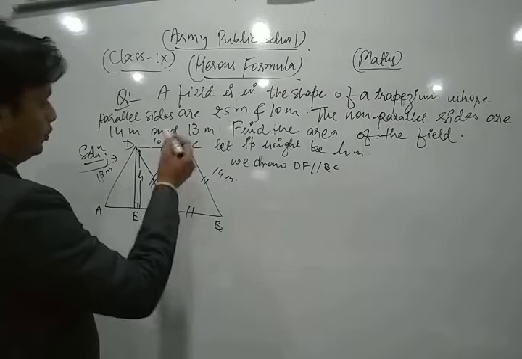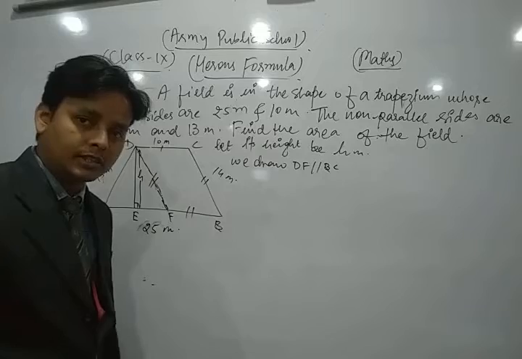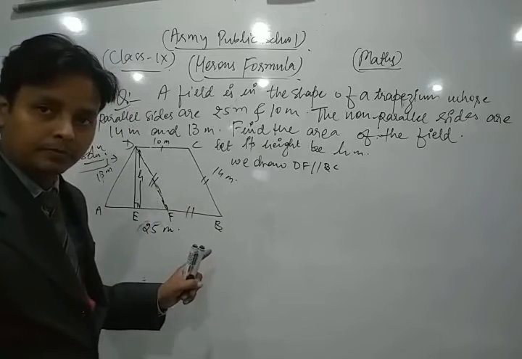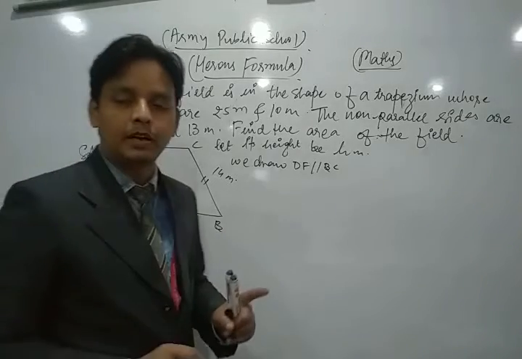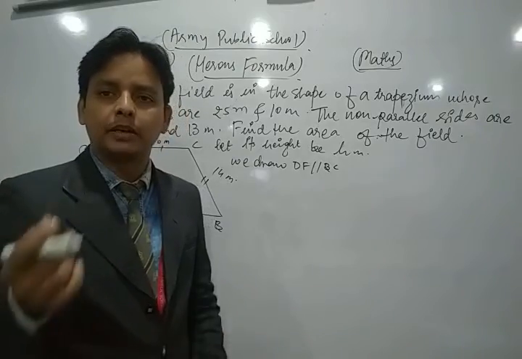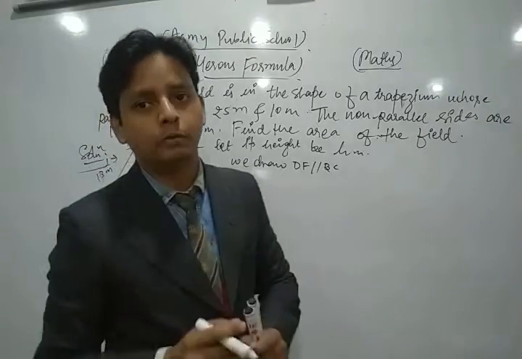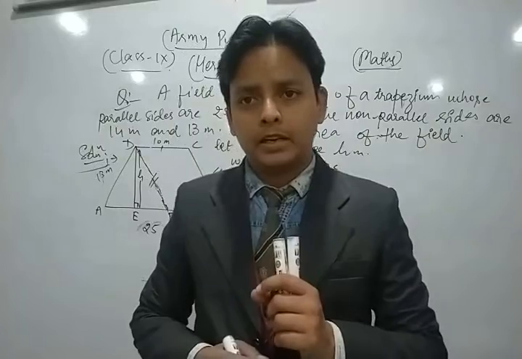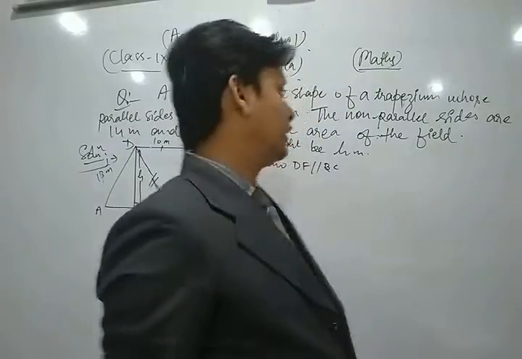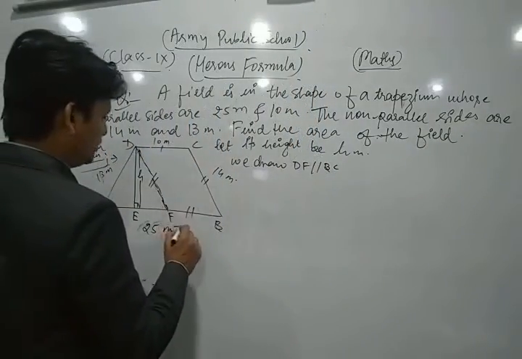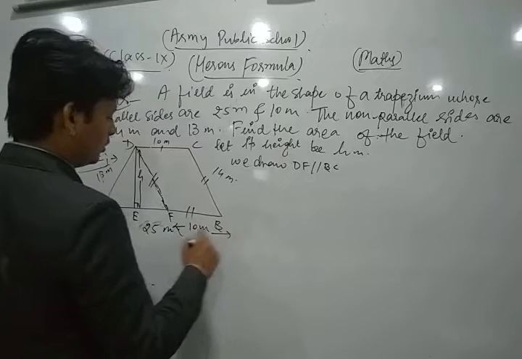Now look, you know that if in any quadrilateral each pair of opposite sides are parallel, then it is a parallelogram, and by the property of parallelogram, opposite sides are parallel as well as equal. So here this is 10, so BF is also equal to 10 meter.